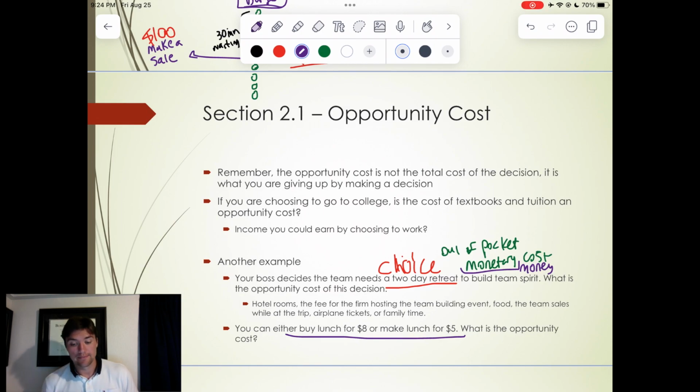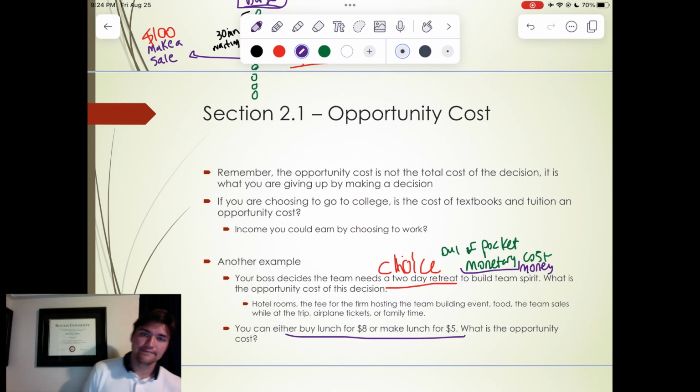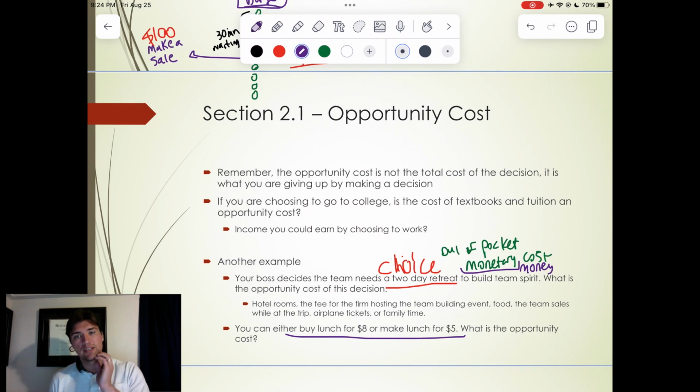What about family time? Nowhere on here does it mention that your family comes with you. So, because you do the retreat, are you giving up family time? Yes. So that's another opportunity cost there. Now you're wondering, how do we calculate family time? It's a little bit difficult, because it's not really a monetary cost or benefit for family time.